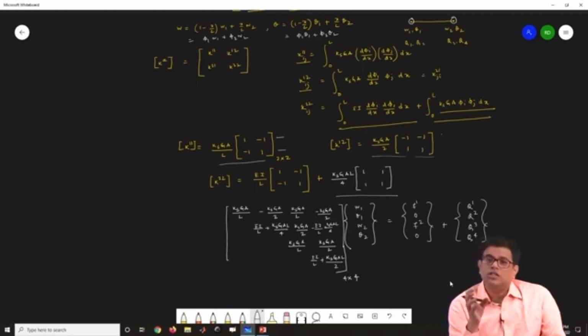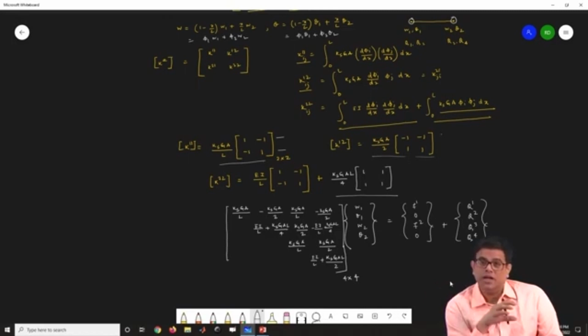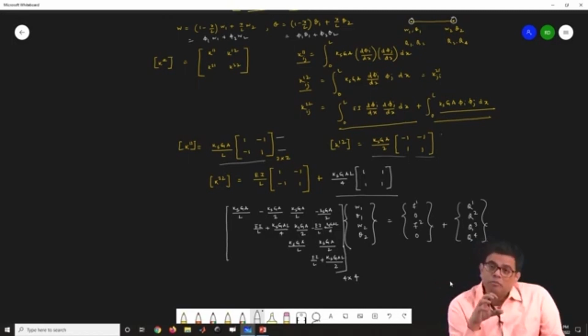That locking is not due to a numerical phenomenon, rather its origin is from mechanics, or the theoretical assumptions that we considered. To alleviate that, there are numerical solutions. For instance, reduced integration is one such solution. But another way of looking at it is a mixed formulation, or mixed variational formulation, where we interpolate stresses as well, instead of only deformations.